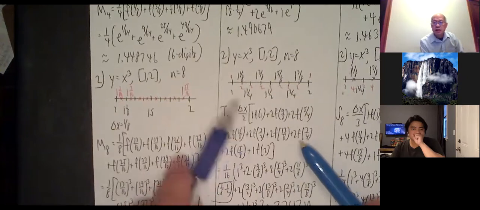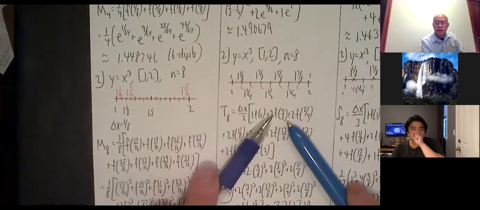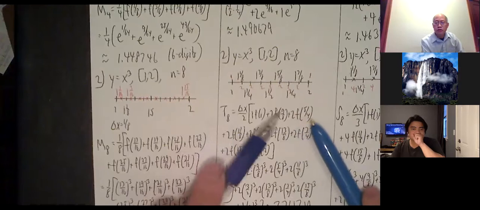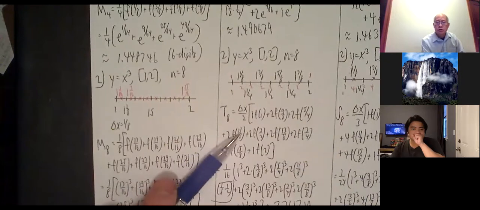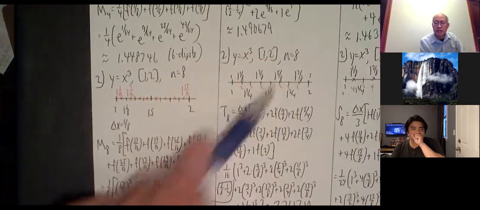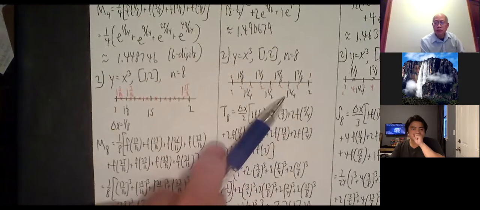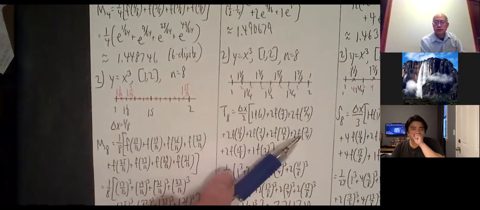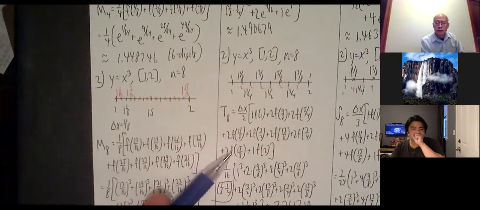So let's see. So 2 times f of 1 and 1/8, which is 9/8. 2 times f of 1 and 1/4. 2 times f of 1 and 3/8, or 11/8. 2 times f of 1 1/2, or 3 over 2. 2 times f of 1 and 5/8, 13/8. 2 times f of 1 and 7/8, 2 times f of 15/8.